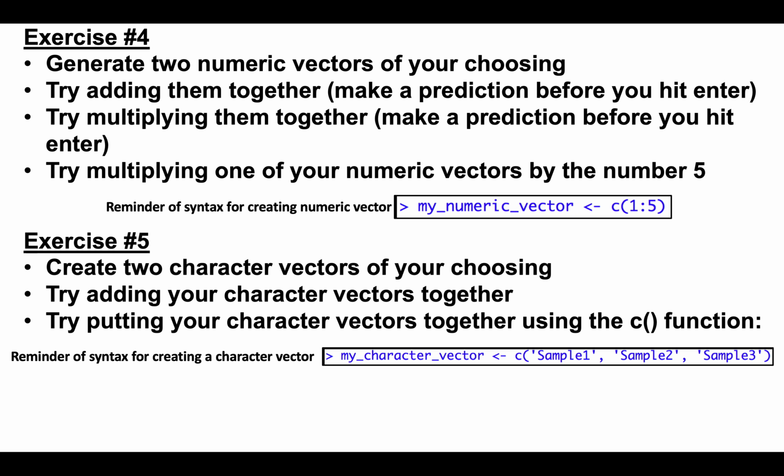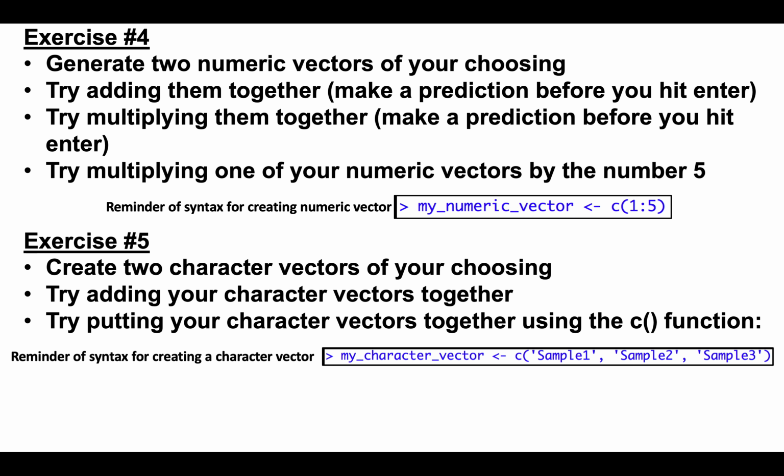Let's jump into another exercise here. We're going to generate 2 numeric vectors of your choosing. Whatever numeric vectors you want, go ahead and create them, and then try adding those numeric vectors together. But before you run that code down in the console, make a prediction in your head of what you think will happen, or maybe even what you would like to happen. Then try multiplying those vectors together. Again, make a prediction. And finally, try multiplying one of your numeric vectors by the number 5.